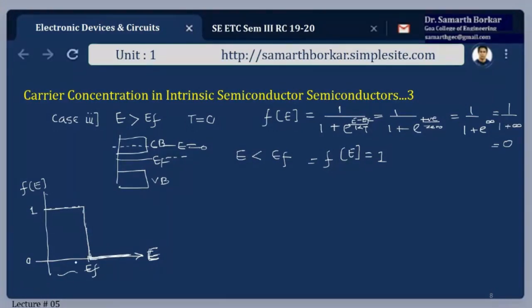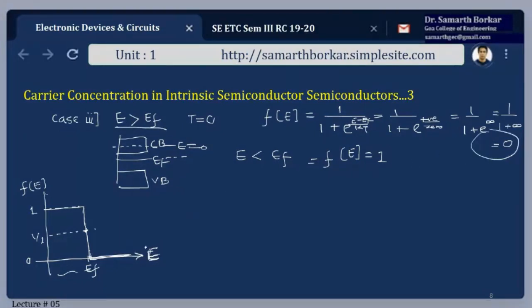Fine. This is called numerical analysis. Now what we are doing is graphical analysis. This is half, this is at the Fermi level. So there's a transition taking place here. The moment you make E greater than EF, the chances of finding electrons is 0.